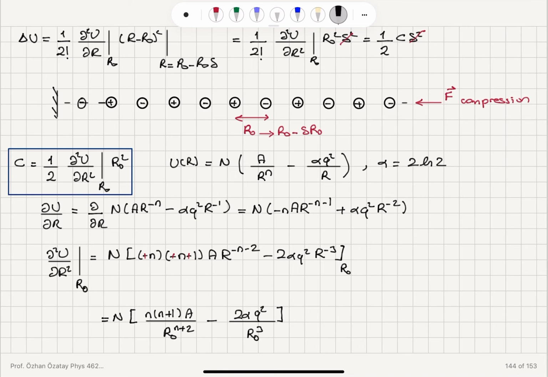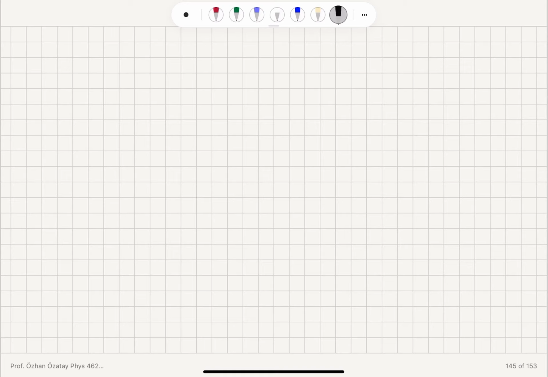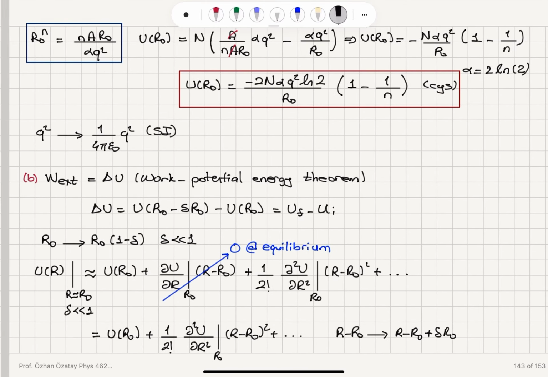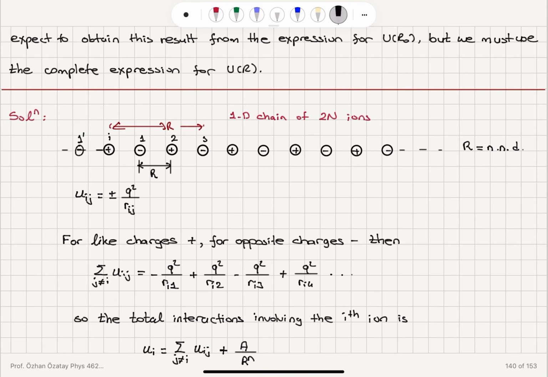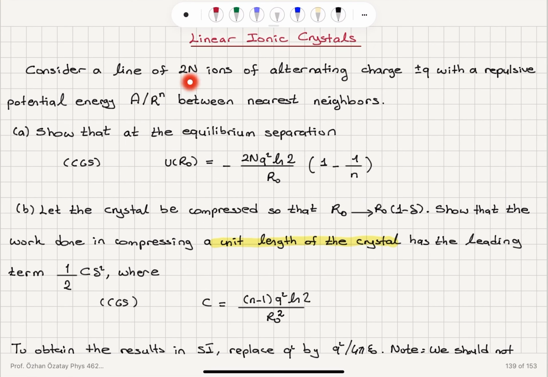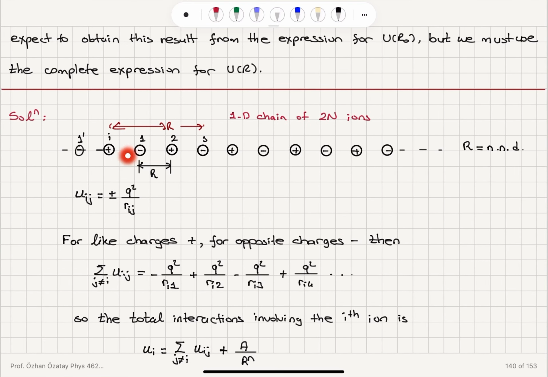All right. Now I note that I'm looking for an answer for a unit length of the crystal. What is the total length of the crystal? Total length of the crystal is equal to the number of ions, which is 2n, and we have a separation r0 between the ions.